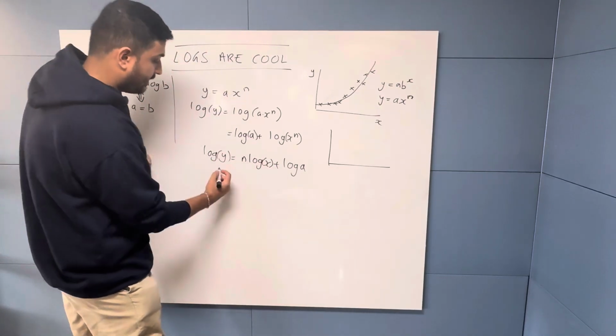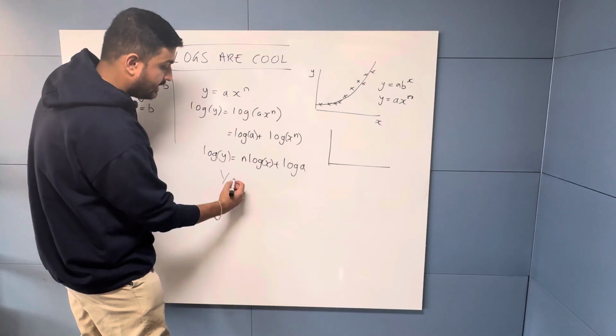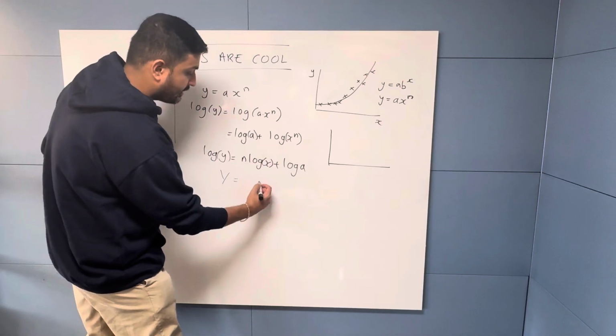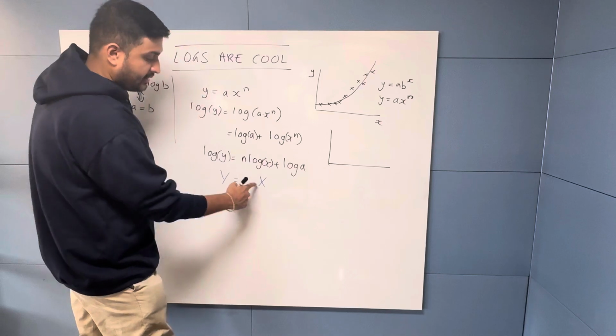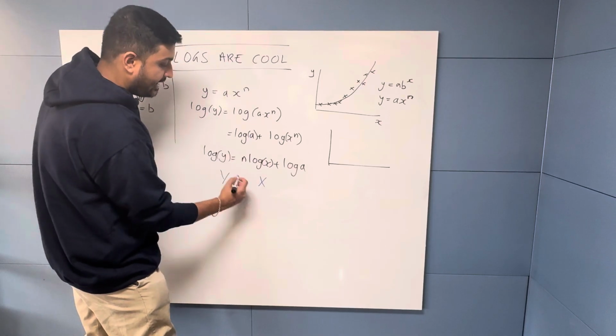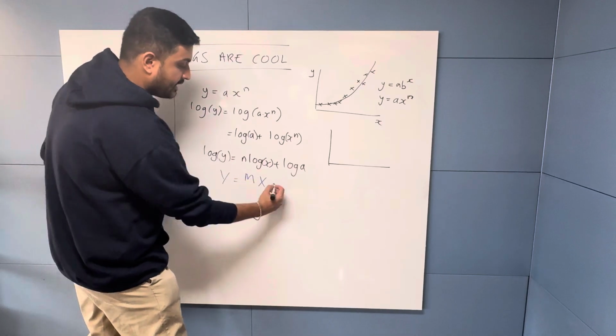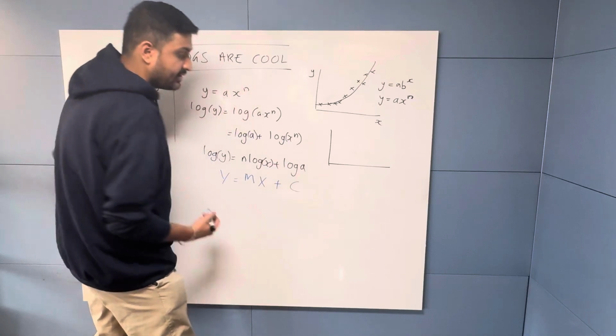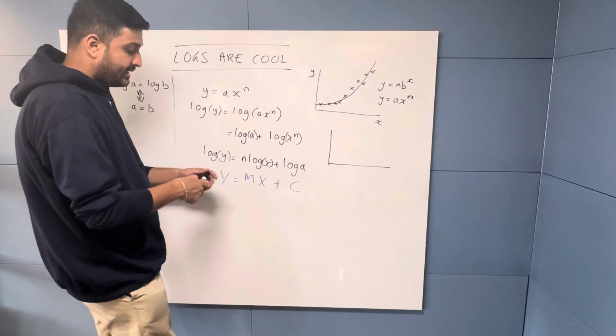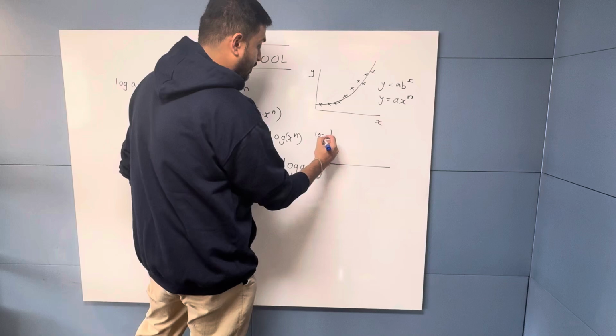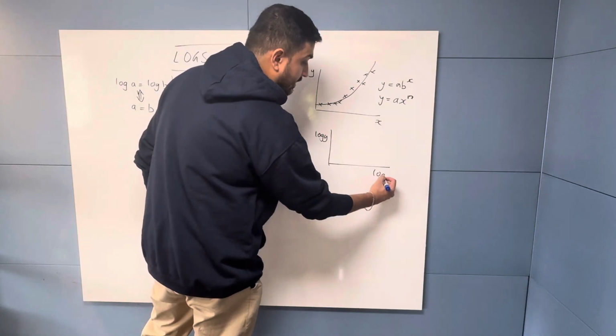So what we've got here, on the y-axis we've got log y, on the x-axis we're going to have log x. What is n? n must be our gradient, and log a is our constant. So what we can now do is transform this graph to log y against log x.